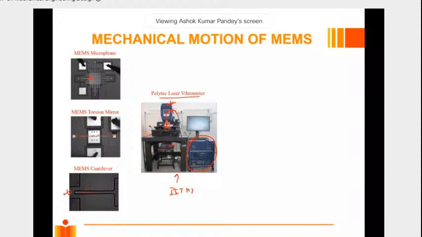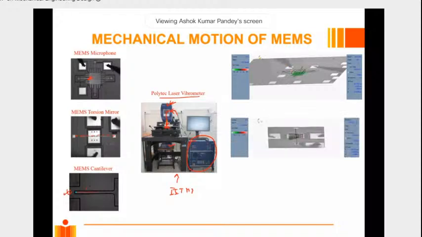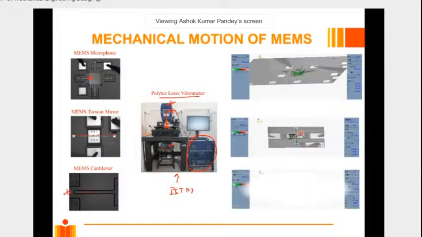Okay, so for example, how it looks like, this you already saw, and for this you can see that there is a torsional motion, or the combined out of plane and torsional motion that is being shown. And in the cantilever case you can see that this portion is in the first mode of operation, right?